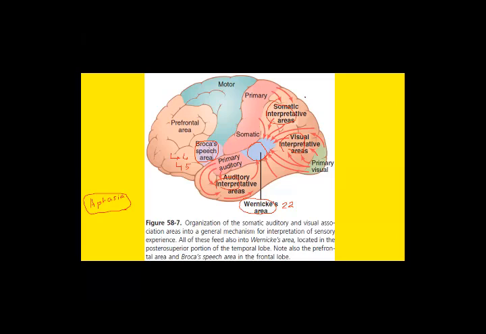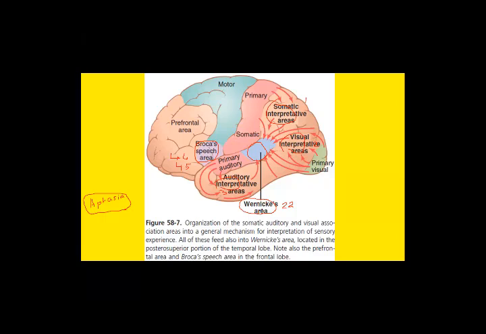So three types of input fibers are received and interpreted: auditory, visual, and somatic. These three input fibers terminate at the sensory speech area, and this will be comprehended and interpreted within this area 22.